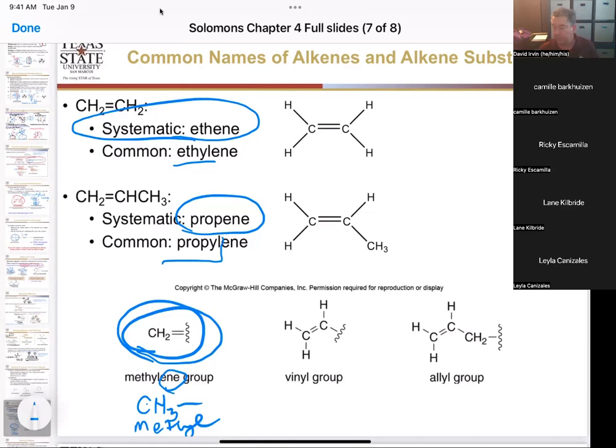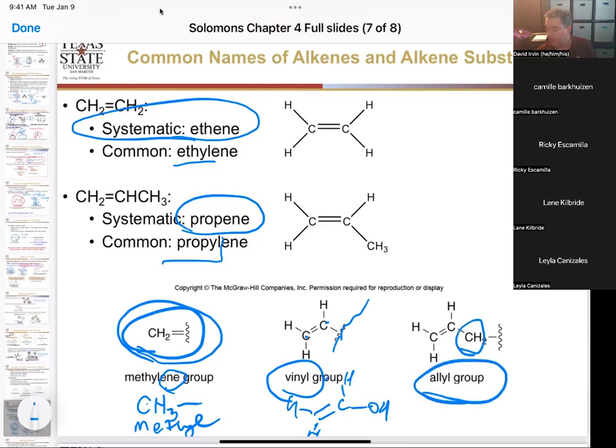Okay. But what if you had a group substituent to a main chain here, with both carbons here? It's called the vinyl group. And we can do things like vinyl alcohol, which would be this thing right here with an OH. Okay, and if we add 1 more carbon right here, we have what we call the allyl group.